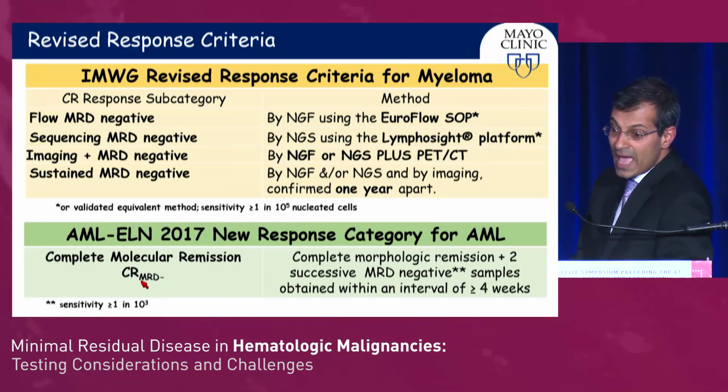And the AML-ELN 2017 paper that I just discussed also created a new response category of complete molecular remission, or MRD negative CR, where in addition to complete morphologic remission, at least 2 successive MRD negative samples obtained within an interval of at least 4 weeks are required. And here the sensitivity is more than 1 in 10 to the power 3. Over here, it's more than 1 in 10 to the power 5.